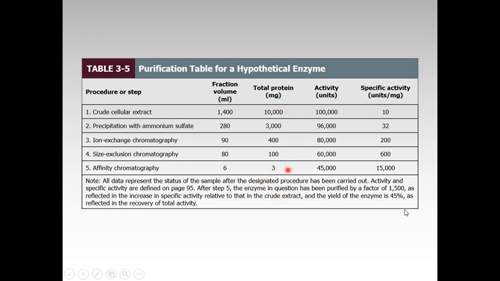But that is your objective, to purify your protein. In a successful step, the loss of non-specific protein is much greater than the loss of activity. Therefore, specific activity increases even as total activity falls, as you can see. This is the reason why specific activity is the one that needs to be considered.